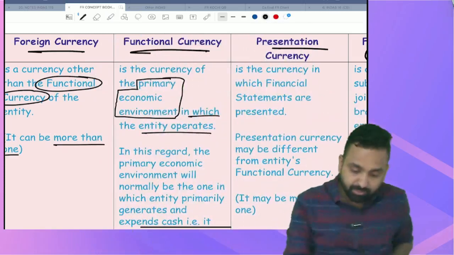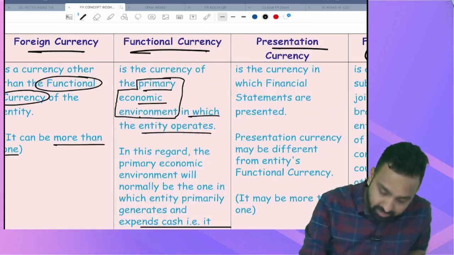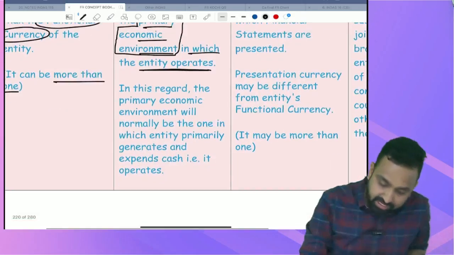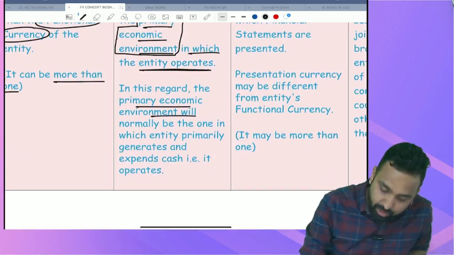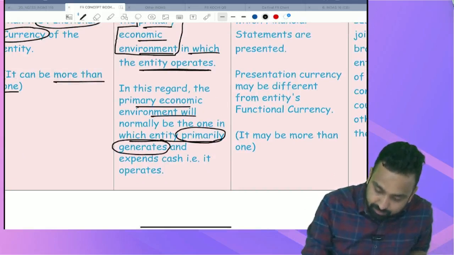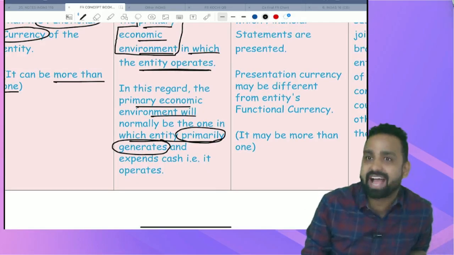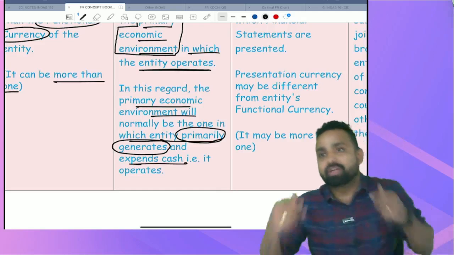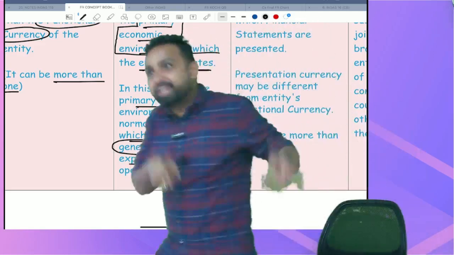Functional currency is the currency of the primary economic environment in which the entity operates. In this regard, the primary economic environment will normally be the one in which the entity primarily generates and expends cash. Now in my case, I expend the cash in India.